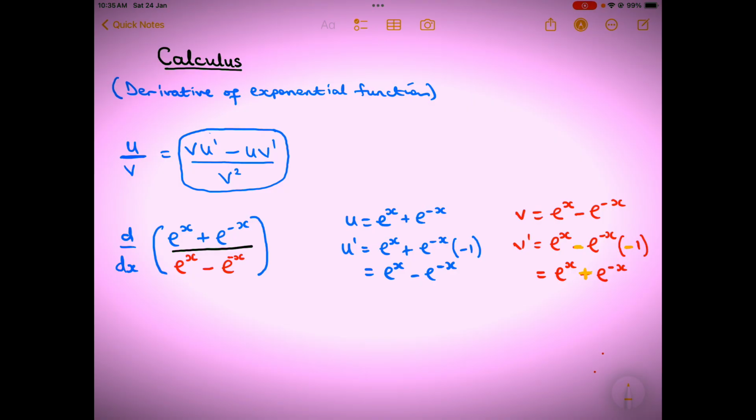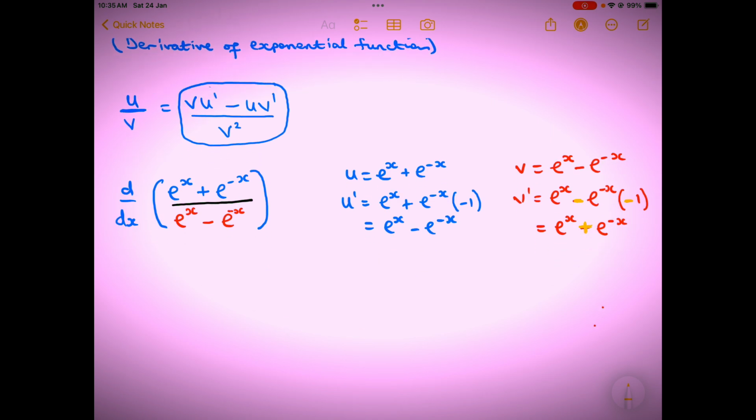So now we are going to put this in the given formula. Wherever we see v, we replace it with e to the power of x minus e to the power of minus x. We are just replacing in the formula. So now let's continue down here. My v is e to the power of x minus e to the power of minus x, right?